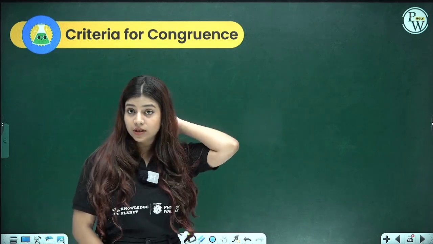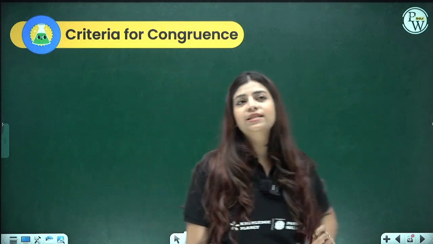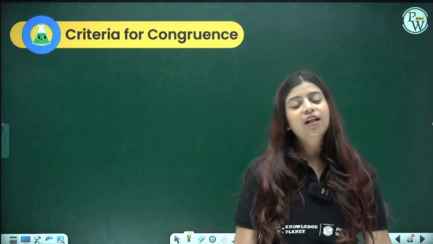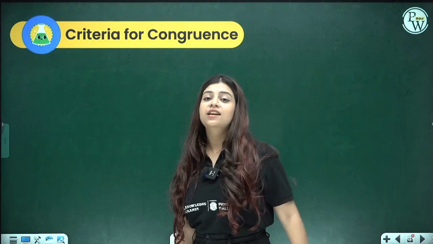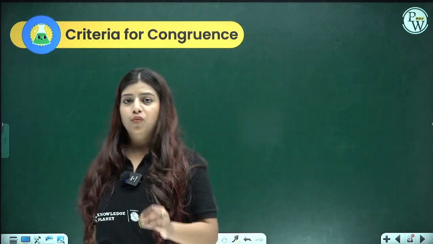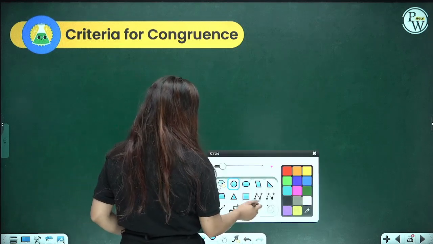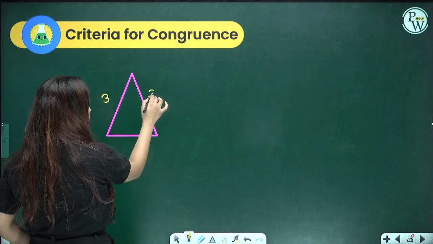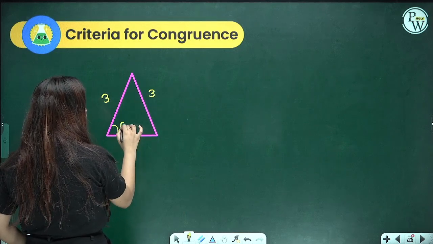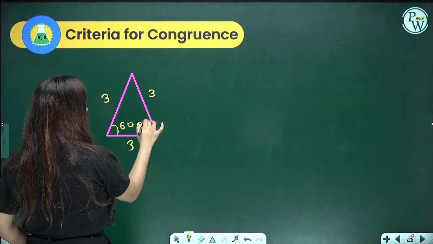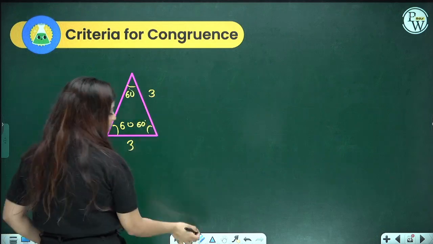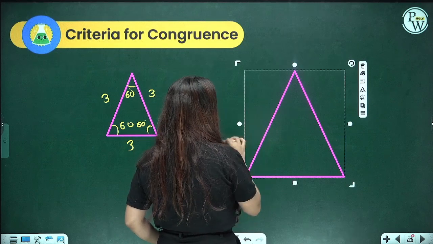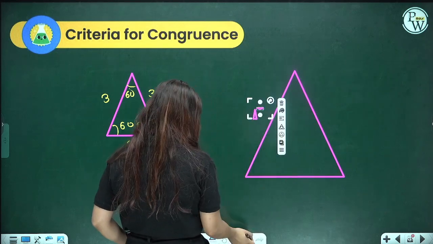And why, students? Because just think of an example of an equilateral triangle. In an equilateral triangle, all the angles are of 60 degrees. That is AAA, right? So what if I make one equilateral triangle of side 3 centimeter, but I know the angle is 60 degrees. And what if I make another equilateral triangle of side 12 centimeter?